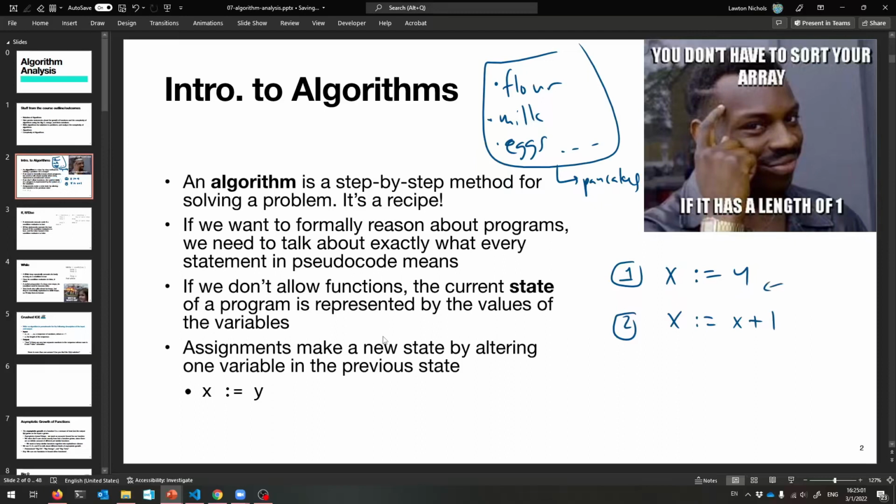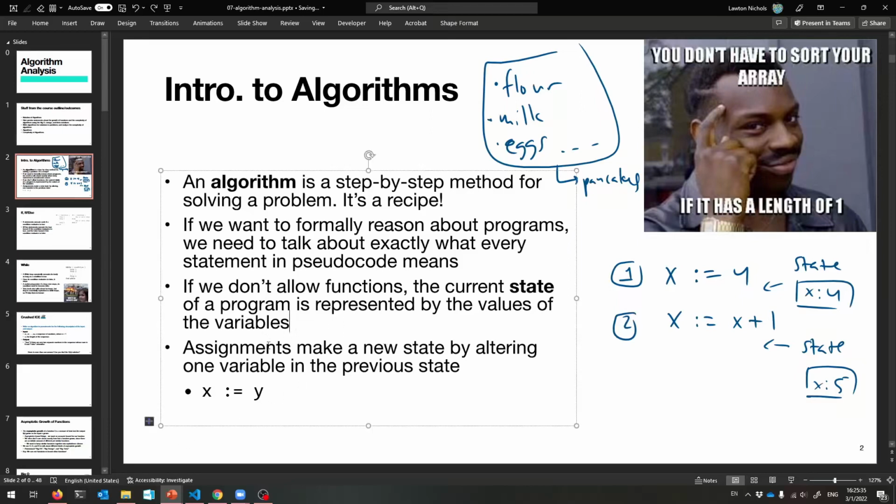Right here, the state of the program is all the values of the variables. Like x right now holds 4. And then after this second line completes, given this previous state, the new state of the program is x holds 5, because there's only one variable to talk about right now. Okay? So the state of a program, this is a key fact, we can just talk about the values of the variables, all the ones that are alive. That's what it means to know what's happening right now as our program is progressing.